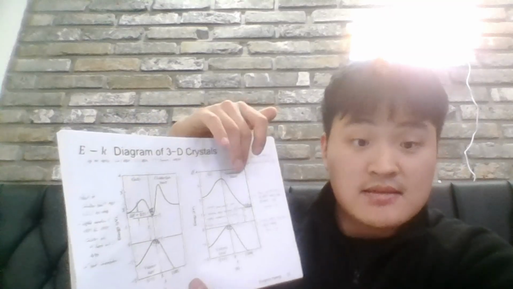So if an electron from the valence band wants to jump to the conduction band, it has to change its crystal momentum. So this case is way harder for the electron to jump between the conduction band and the valence band. So that's the EK diagram of 3D crystals.